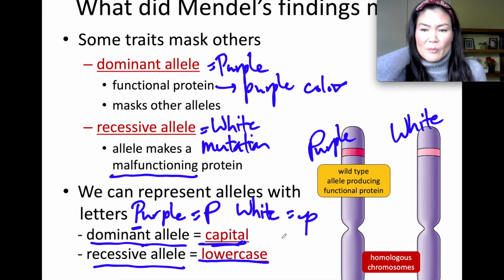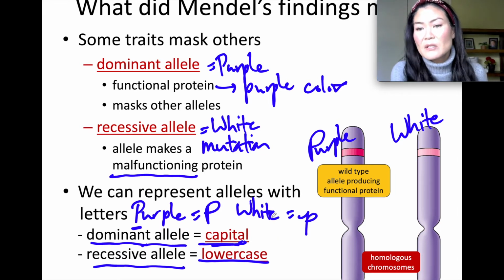We want to use the same letter because when we talk about codominance and incomplete dominance, that's when different letters come into play. But for genetics problems where we're dealing with dominant versus recessive, we always use the same letter. One's capital, one's lowercase, just so we know what kind of inheritance we're talking about.